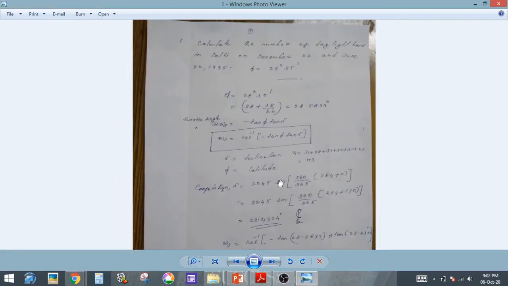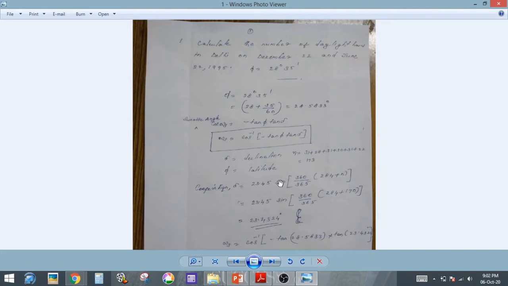So the first problem is calculate the number of daylight hours in Delhi on December 22 and June 22, 1995. Here phi equal to 28 degree 35 minutes. So the location is given, that is 28 degree 35 minutes.